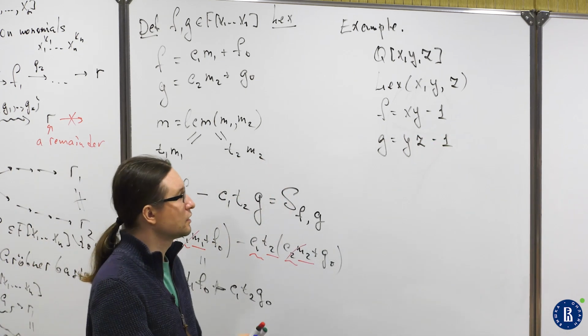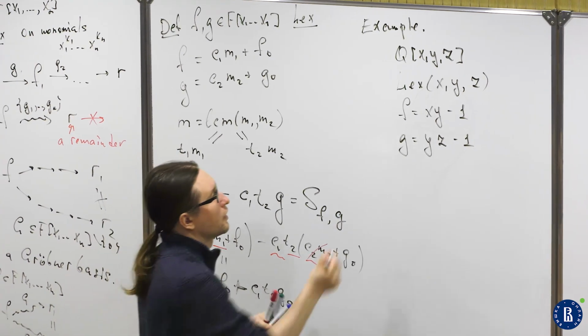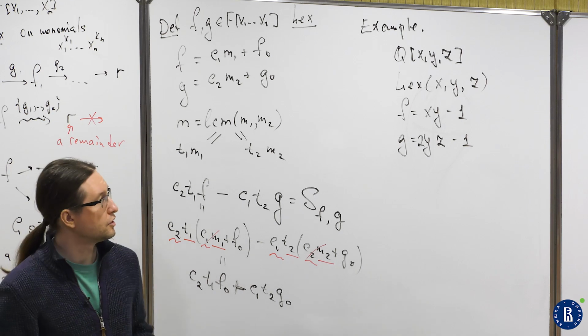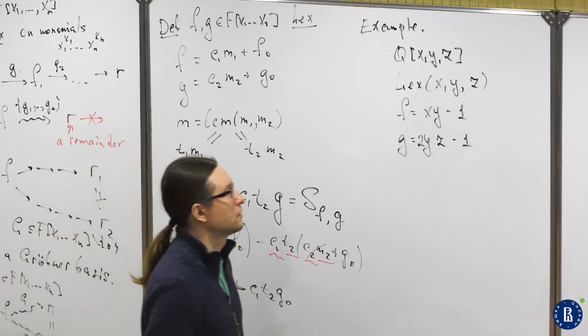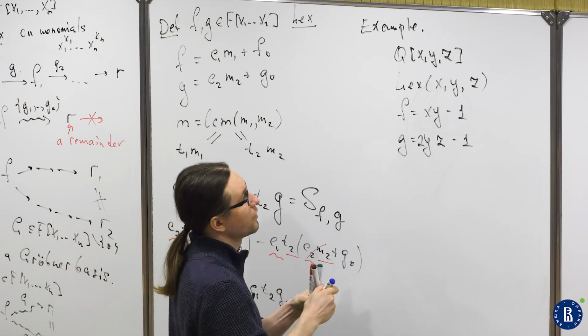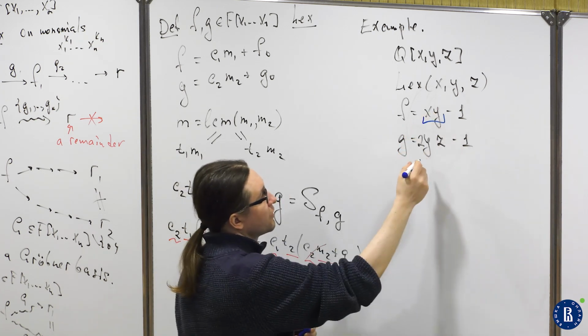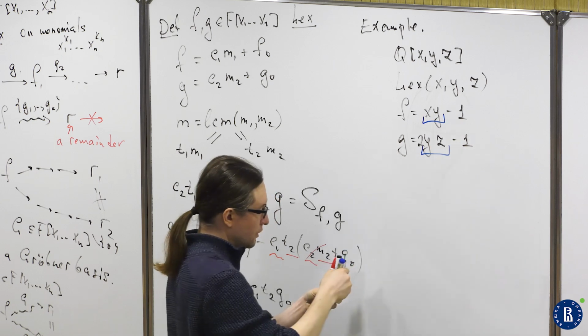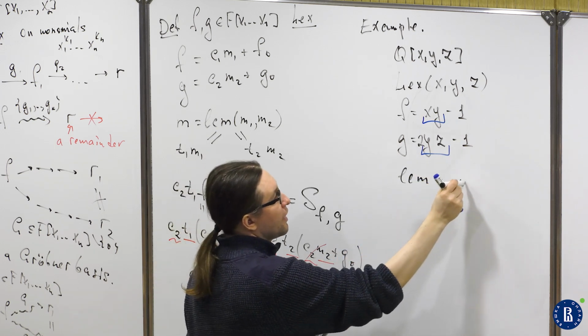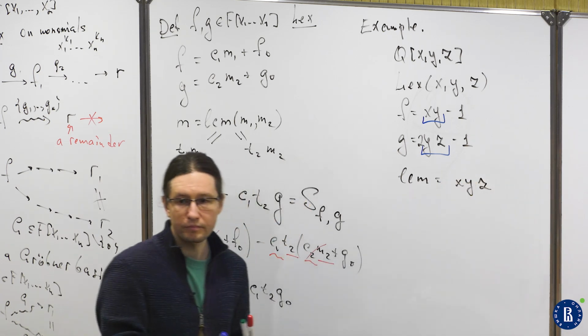There is no leading coefficient here, so let's take 2 to be the leading coefficient in front of g. I think it will be more interesting. Now, what is the leading monomial of f? It is xy. The leading monomial of g is yz. So the least common multiple will be xyz.